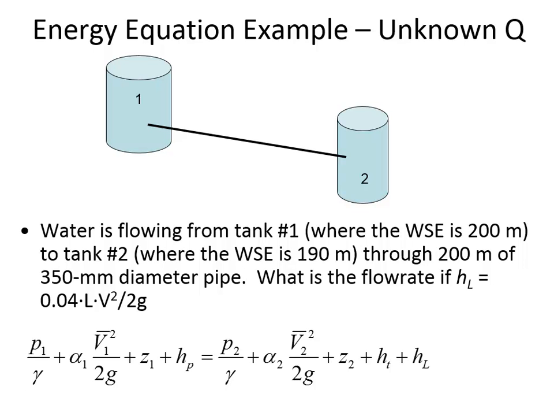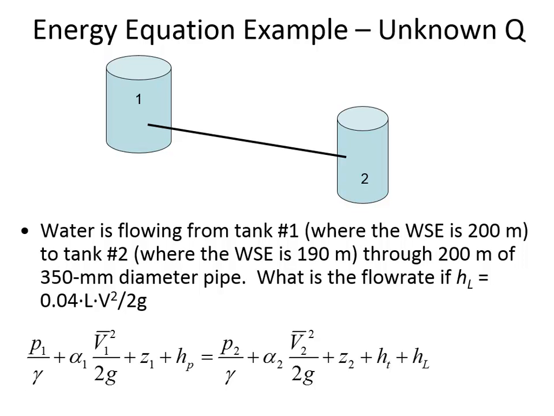The water through the pipe is moving, but we're going to assume that the tanks are so big that it's not like the water level is dropping really fast. It's a pretty big tank, and maybe the water level is slowly decreasing, but it's so minor, we're going to ignore both of the velocity terms. There isn't any pump between the two pipes, nor is there a turbine between them.